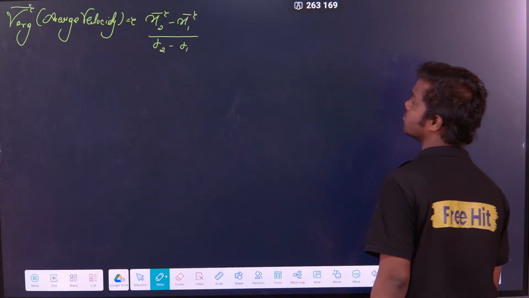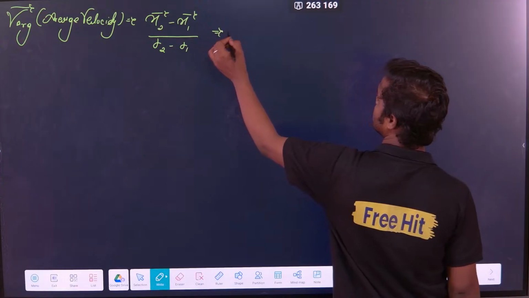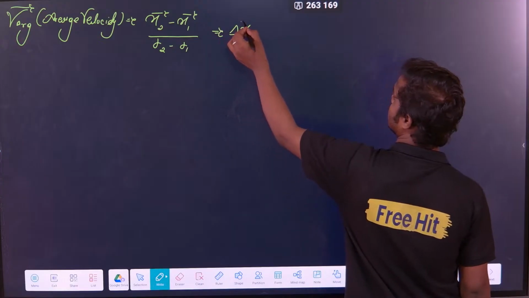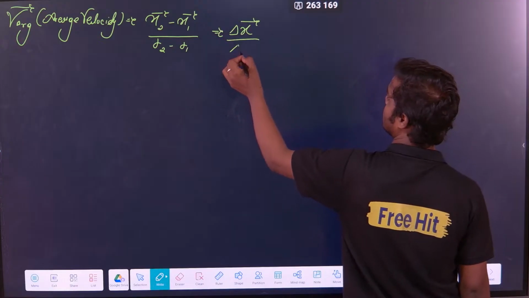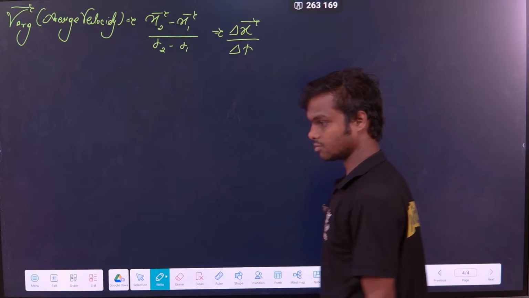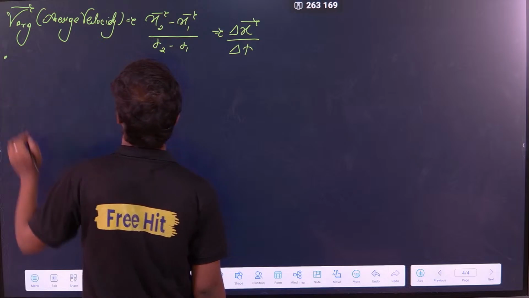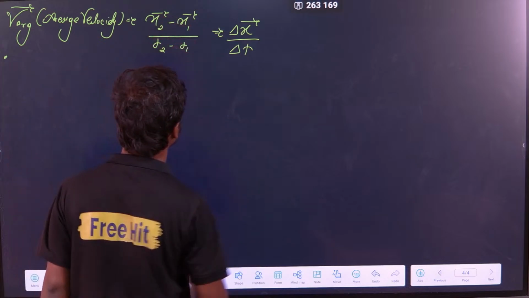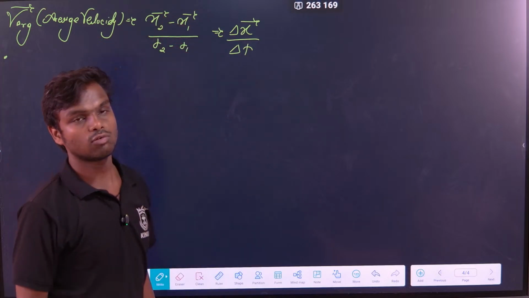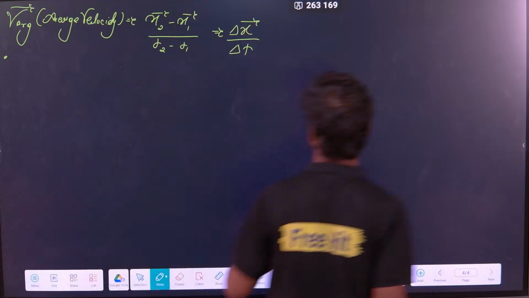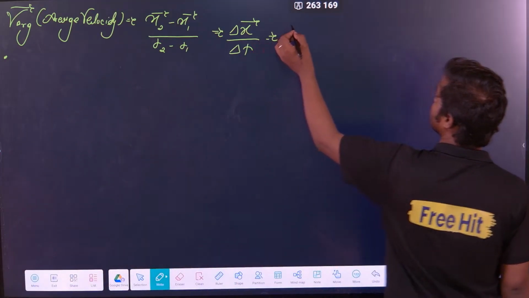Correct? Is equal to delta x by delta t. That is x2 minus x1 divided by t2 minus t1, or you can say total displacement.